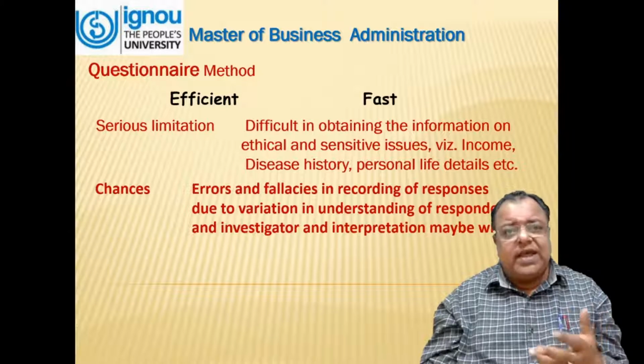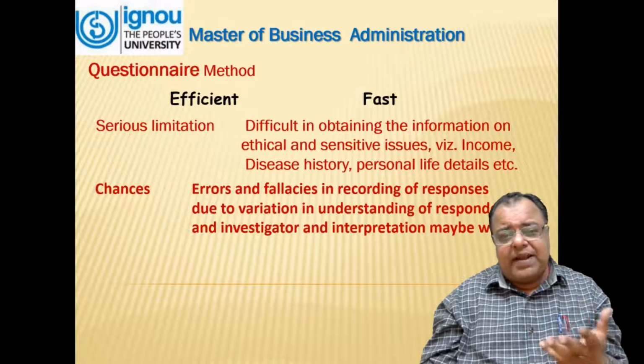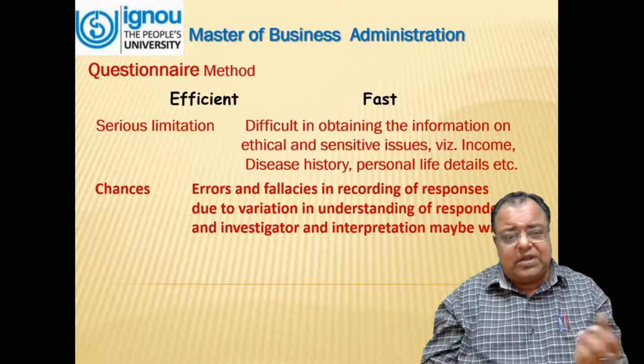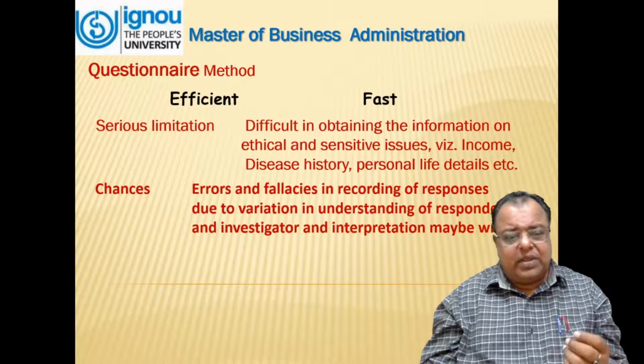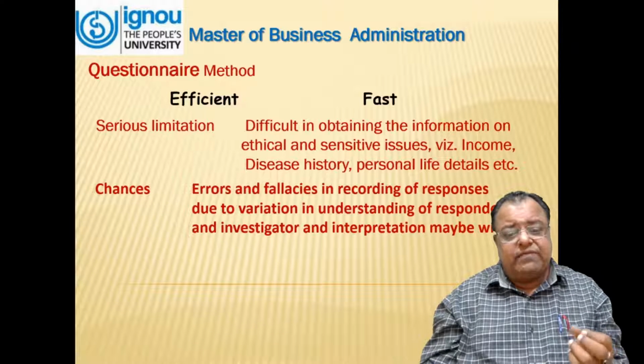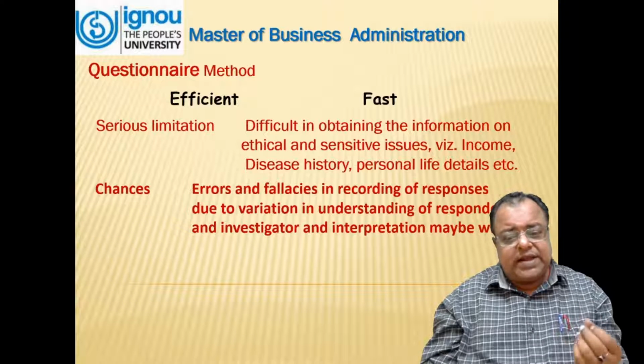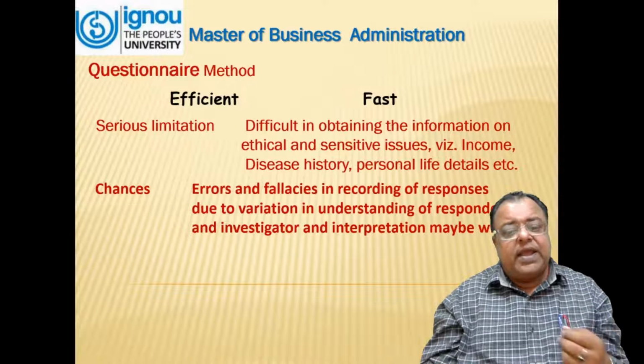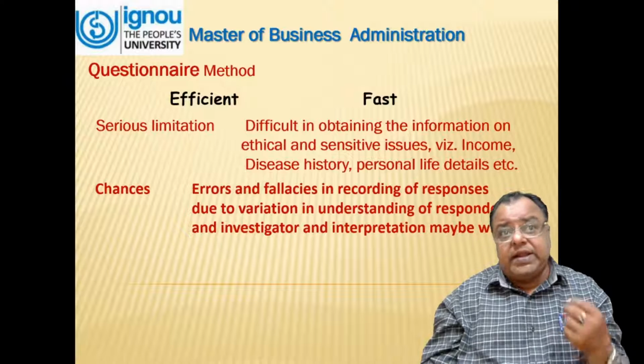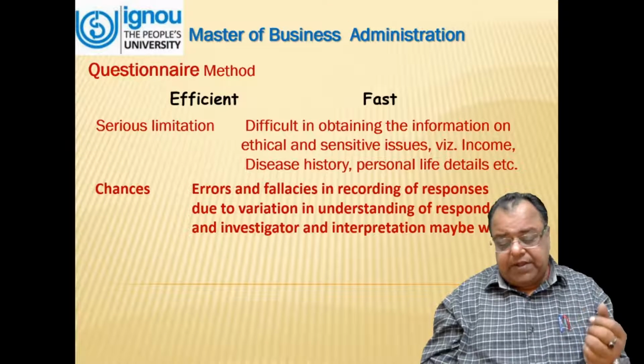Nobody will be interested, and nobody will like to share all this information on an open platform. And there are chances of fallacies in recording of the responses due to variation in understanding of the respondent and investigator, and interpreting in a wrong way.